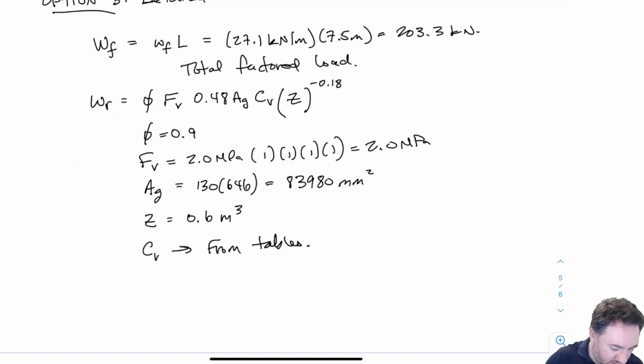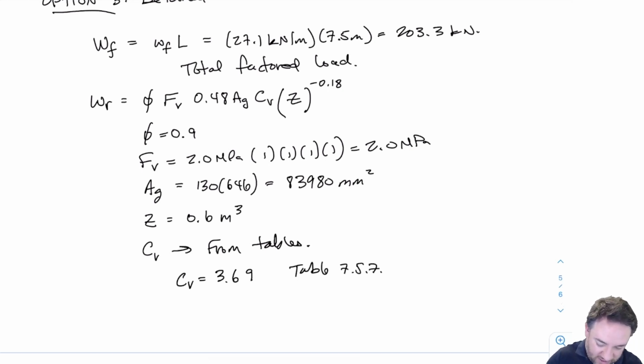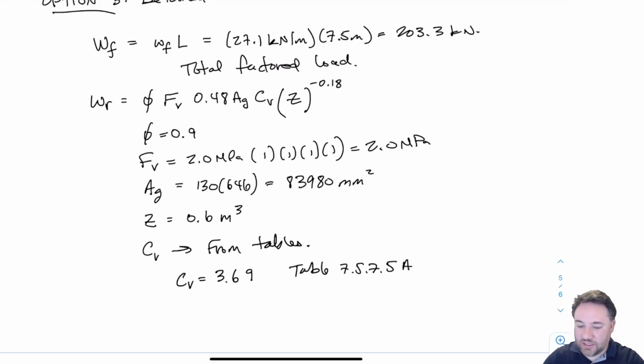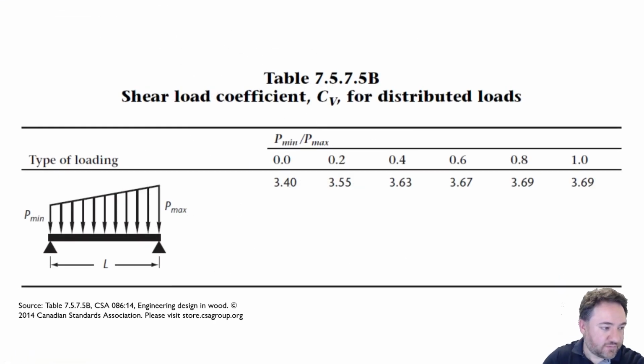It's going to be CV equals 3.69. Okay, in CSA O86-14, that's table 7.5.7.5A. Or another way that I could do it is from this table. You see I'll get the same value because this is for distributed loads.